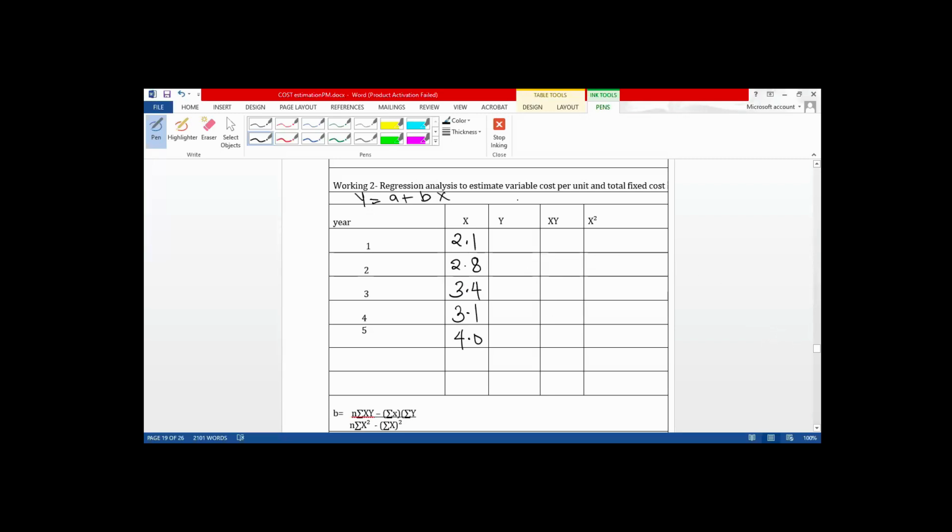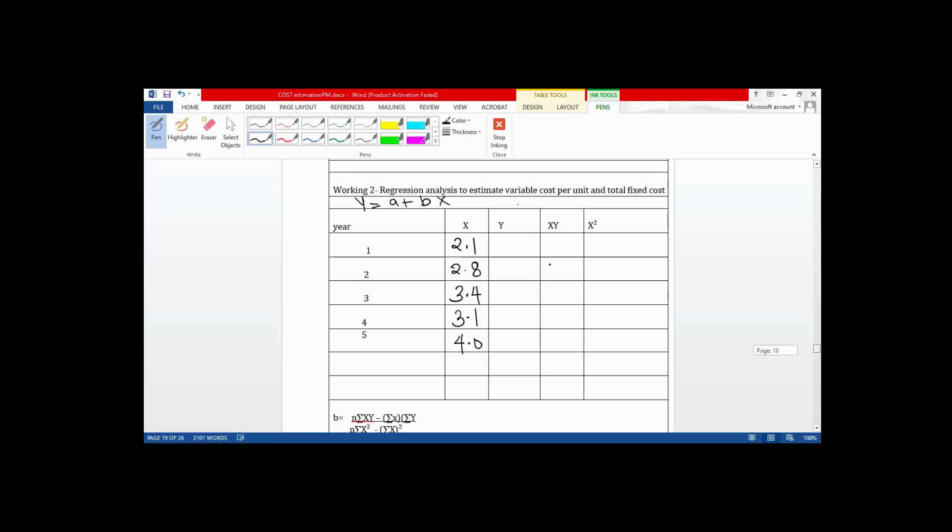My letter Y, please, can you give me the total cost for year 1? 85. Next, 107. Next, 122. Next, 118. And we have 134.